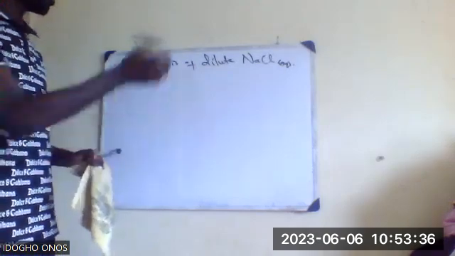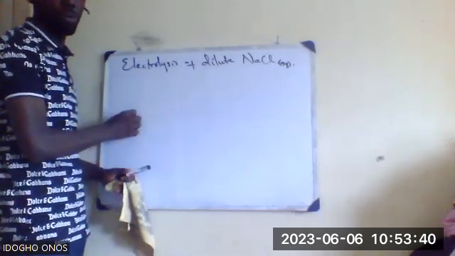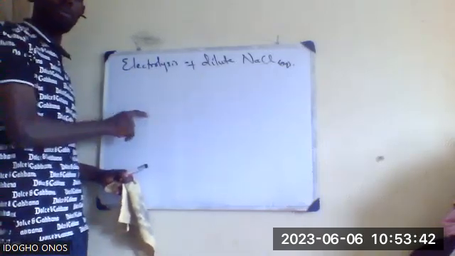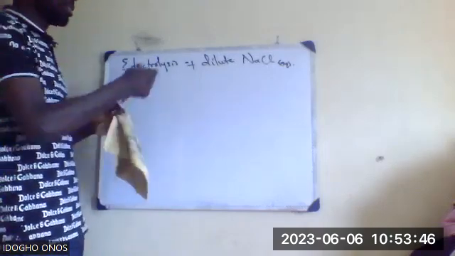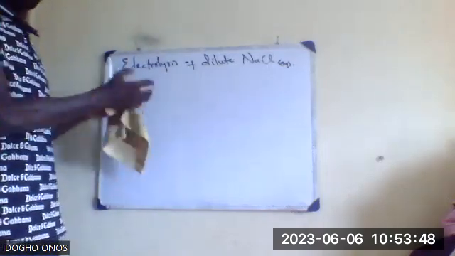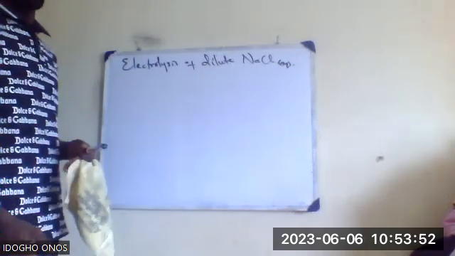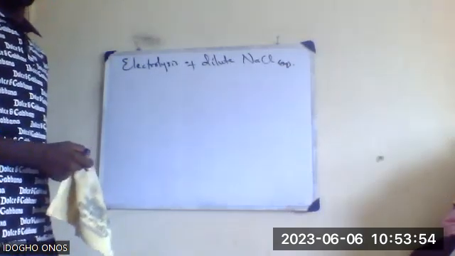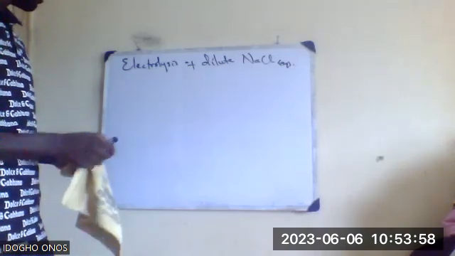Since it's dilute, that means the water, which is your solvent, is higher than the solute. So which means the concentration of OH- is higher than Cl-. So obviously OH- will come out, leaving the Cl- behind.